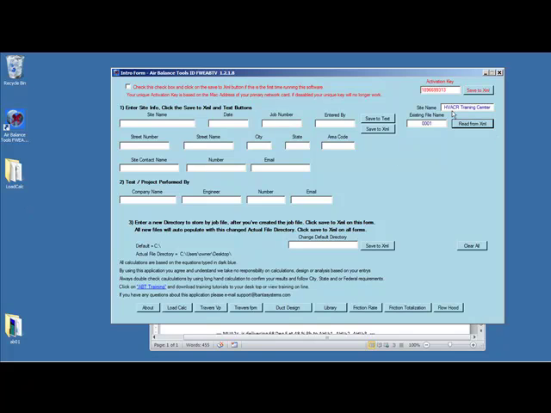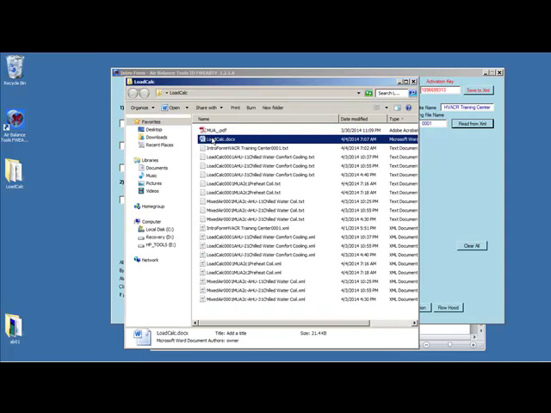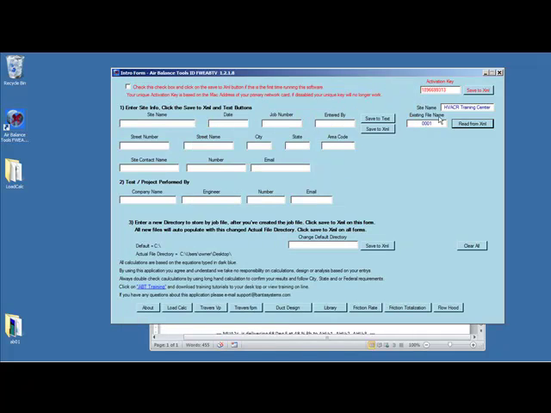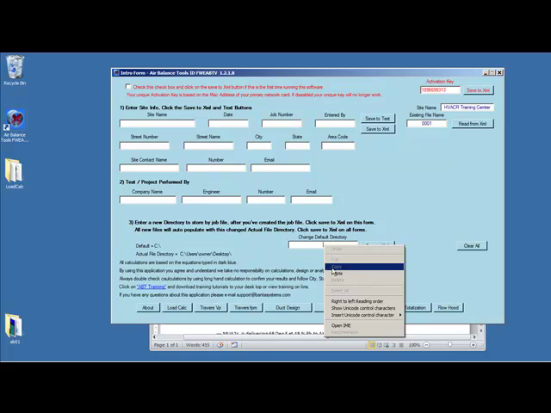We don't have an HVACR Training Center on our desktop. As you can see, our actual file is pointing towards our desktop. We do have one in this folder here, so we're going to right click that and go copy, and we're going to paste it here.